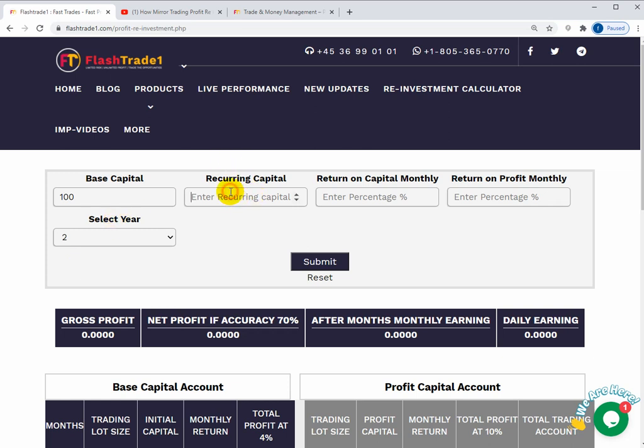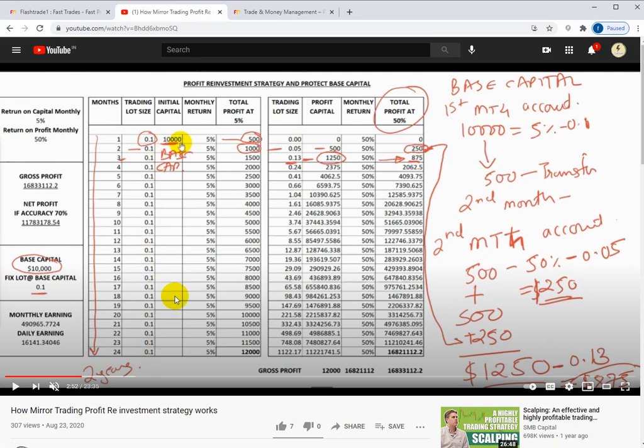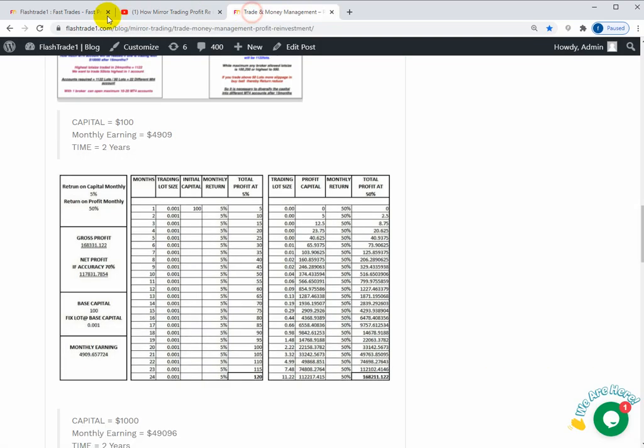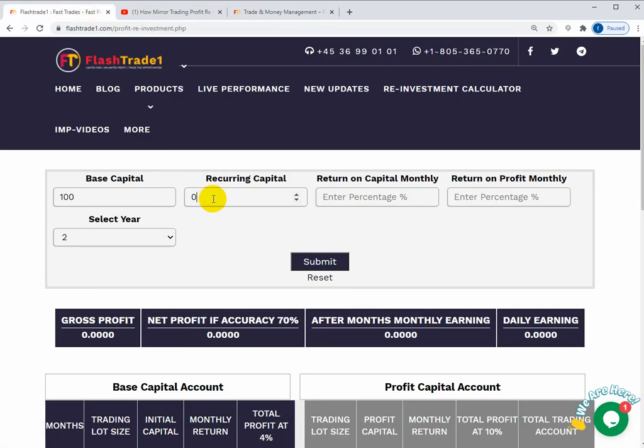Recurring capital means that if the client is adding, let's say $50 to his base account, which is the first MT4 account, then the recurring capital will be $50. If the client is not adding any capital during the 2 years and is just trading in the first MT4 account with $10,000, then we'll choose the recurring capital to be 0.